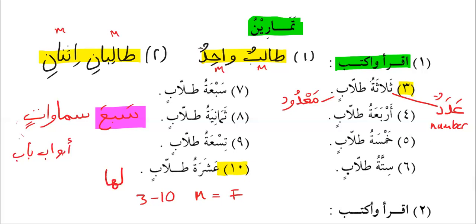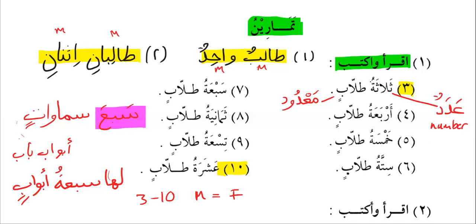It's feminine. So Allah mentions about it, laha. What does laha mean? It has. So Allah says in the Quran, in Surah Al-Hijr, laha سبعة أبواب. So Allah describes the Jahannam, the hellfire. He says, laha سبعة أبواب.